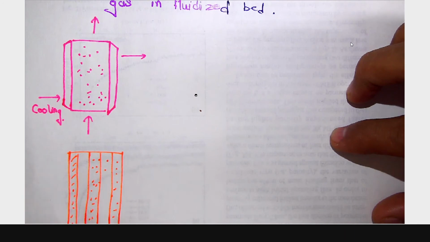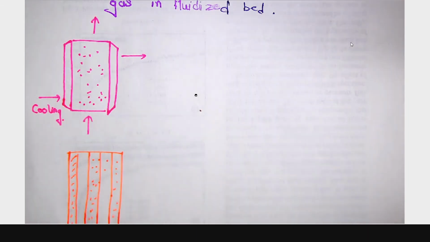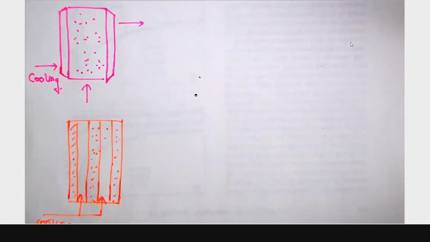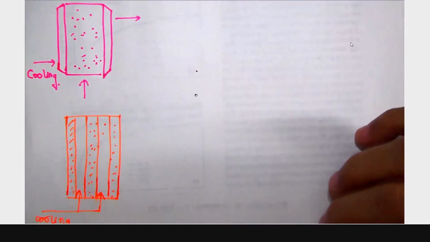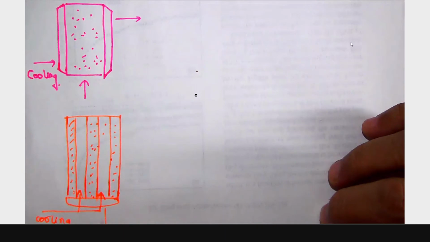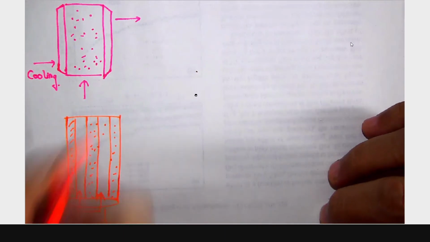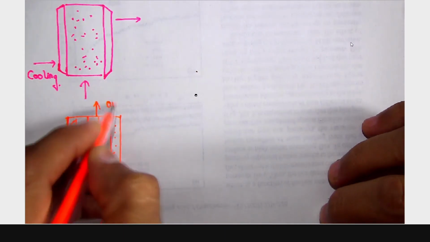So cooling will be from here. This is for cooling. And maybe the gas in, gas out.